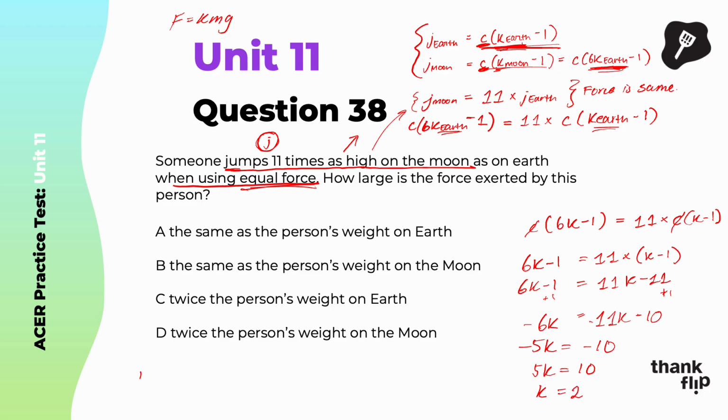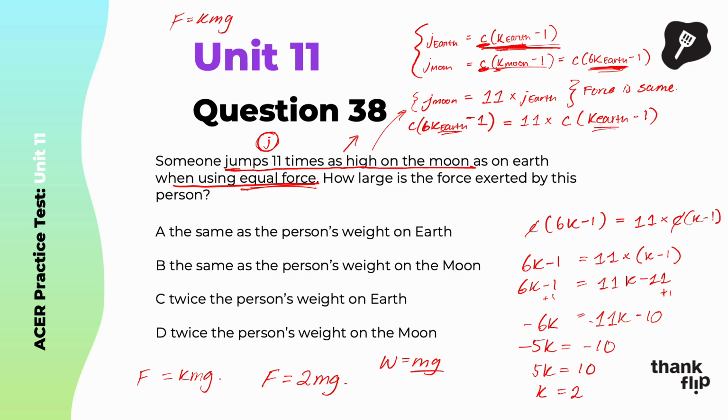Now what I can do is plug this into our original equation here. So force is equal to 2 times mg. Now we know that weight is equal to gravity times mass, right? Because force is equal to mass times acceleration. That's the basics of physics that you will require to make this question a little bit more approachable.